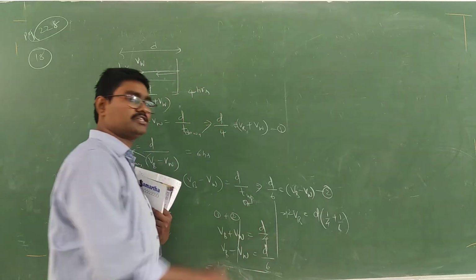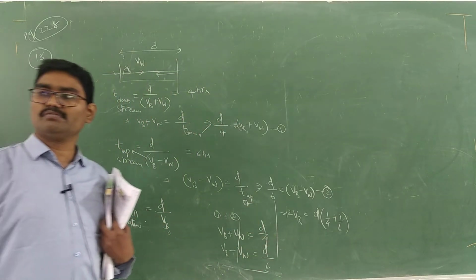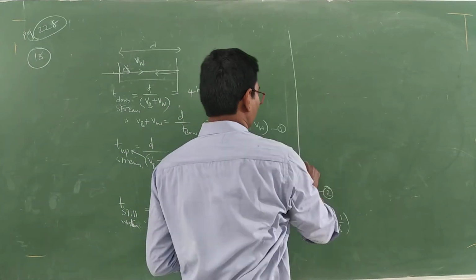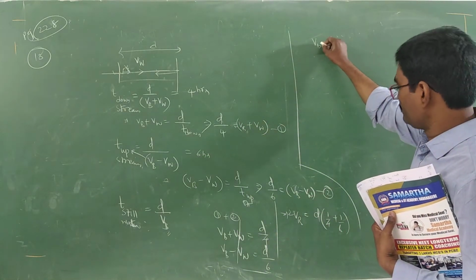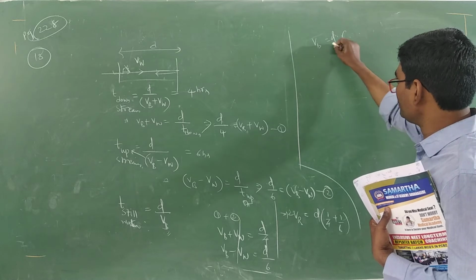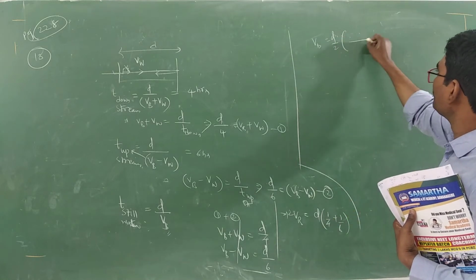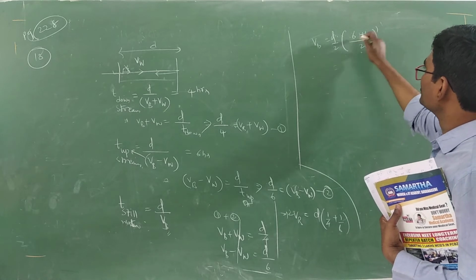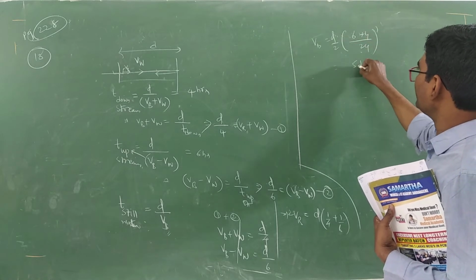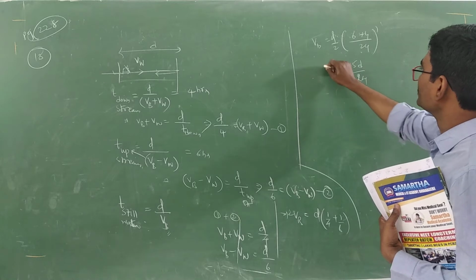Okay, now D by 4 plus D by 6, do LCM: 10 by 24. So 2VB equals 10D by 24, VB equals 5D by 24. VB is equal to D by 2 into, LCM is 24, 6 plus 4 is 10, 2 fives are 10. 5D by 24. That is VB.